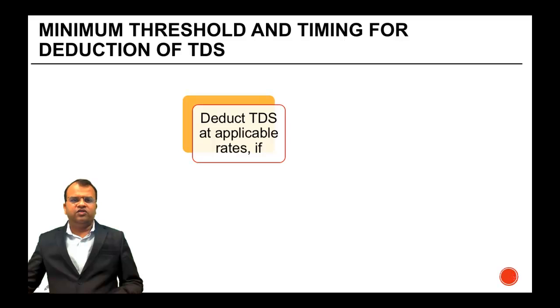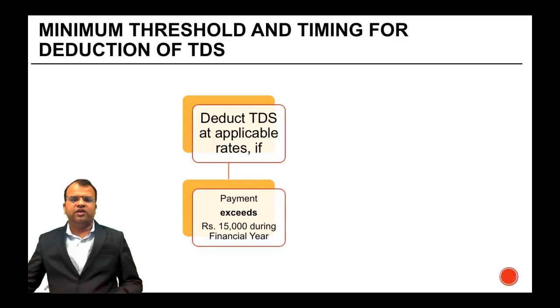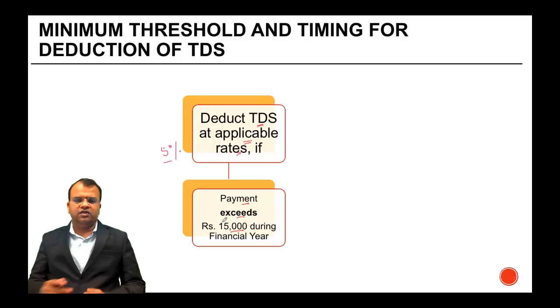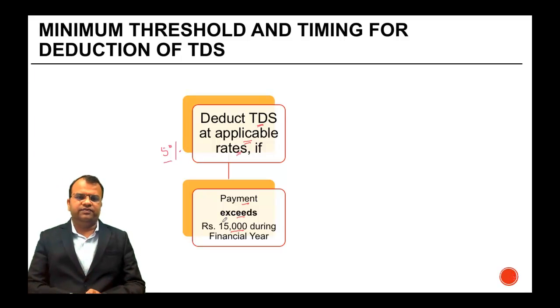Now what is the minimum threshold and what is the time at which tax has to be deducted? The TDS has to be deducted at applicable rates, which was how much? 5%, if the payment exceeds rupees 15,000 during the financial year.